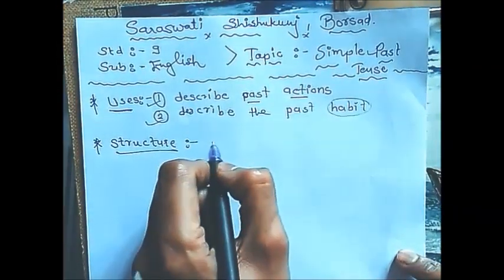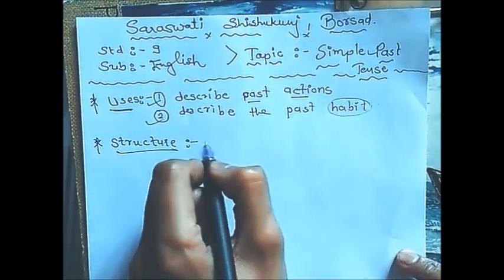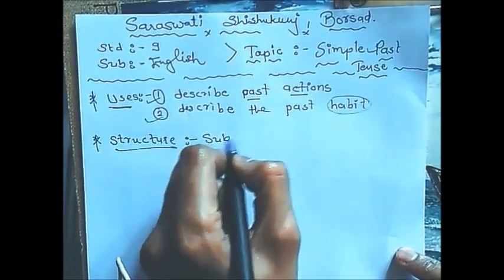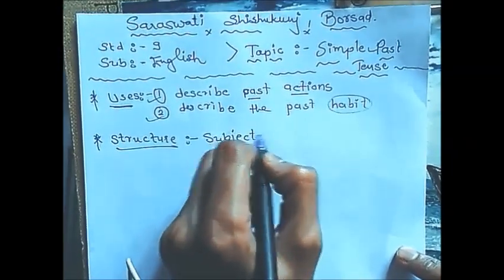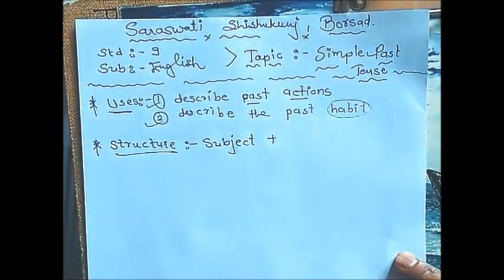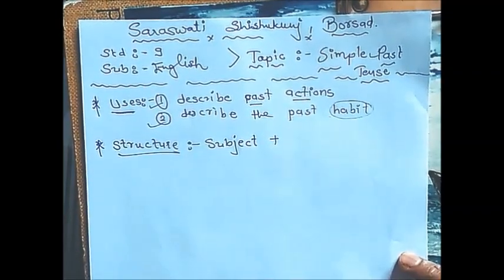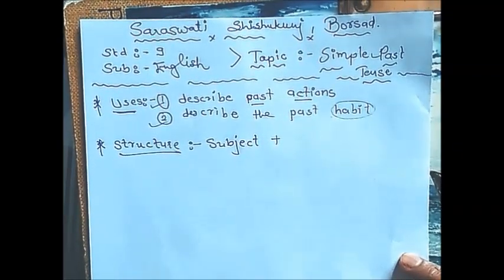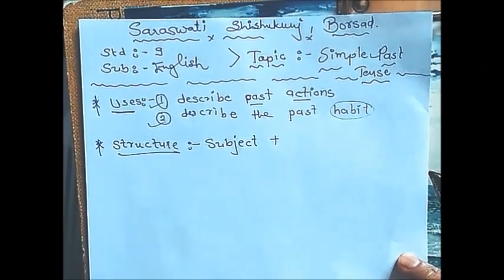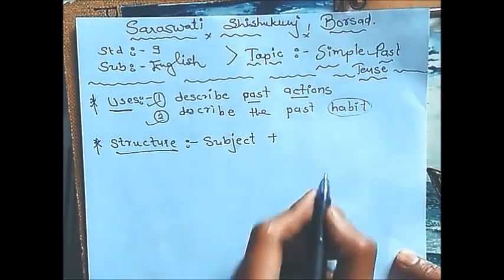If you want to make any sentence of simple past tense, in the very beginning you have to write the subject of the particular sentence. Subject means either a name, or you can say I, you, we, they, he, she, it. They are considered as the subjects.